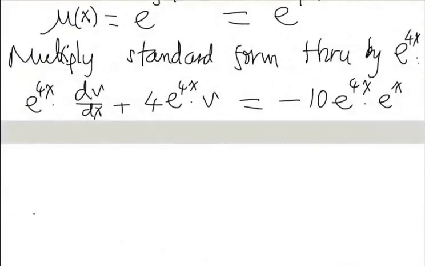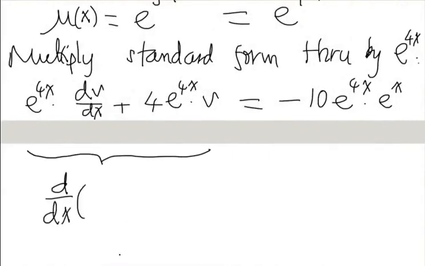Now, as before, for a linear equation, the left hand side is the derivative of the product v times the integrating factor e to the 4x. And as usual, we should double check that the product rule is applied correctly.